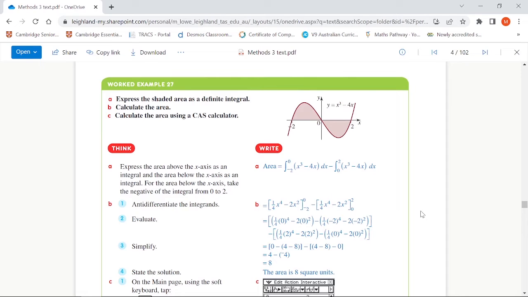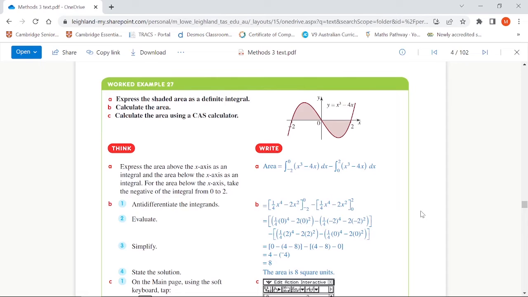The question might be phrased, you can find the area bounded by the curve and the x-axis. And so it gives you no values, no x values or anything like that. Okay, so the question could be phrased like that.